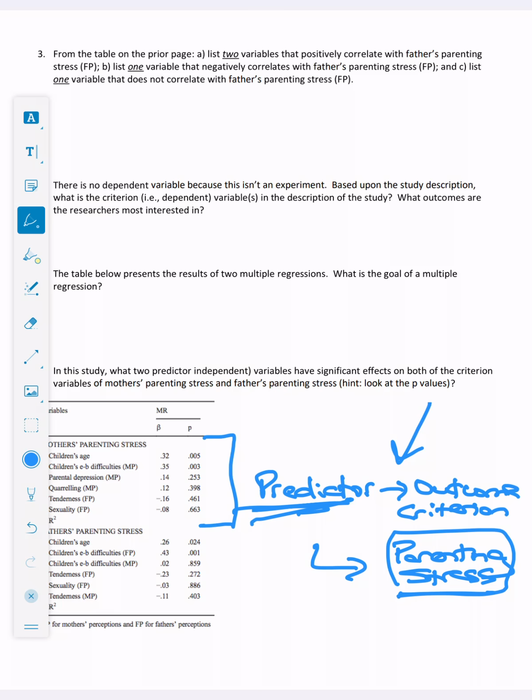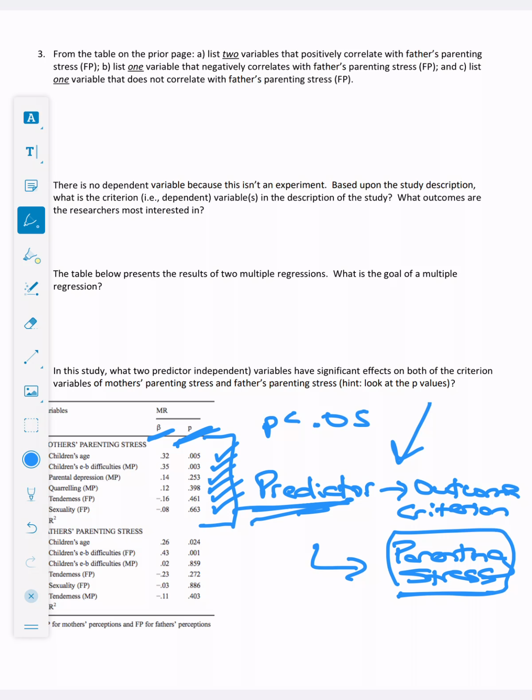So in this analysis, at the top, we've got children's age at adoption, children's emotional and behavioral difficulties as rated by mom, her depression as rated by mom, how much she quarrels in her relationship with dad, once again rated by mom, and tenderness and sexuality as rated by dad. And if you notice, once again, our beta weight is very similar to an R value. It runs from -1 to +1. And once again, we want to focus on our p-values, those p-values that are p less than 0.05.